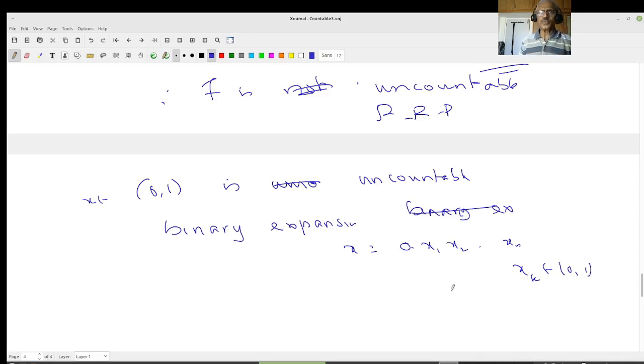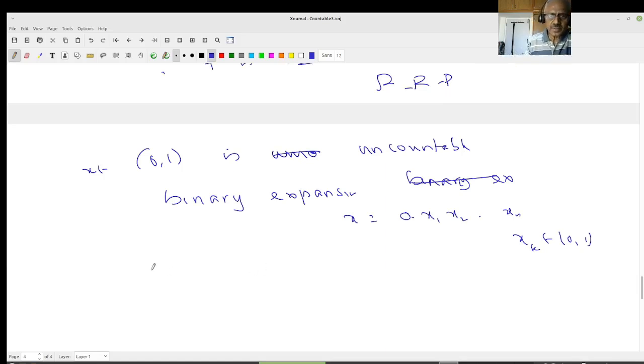All of you now would have learned computer programming, so you would have learned this binary representation. Because given any x, it corresponds to a function f in script F, the set of all functions f from N to {0, 1}. Namely, you define f at n to be x_n.